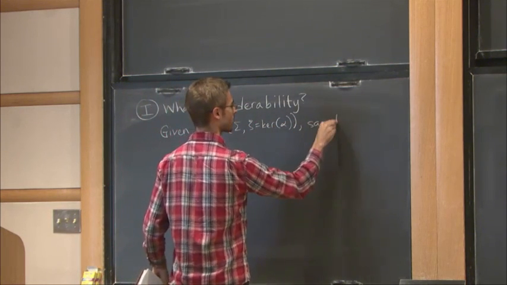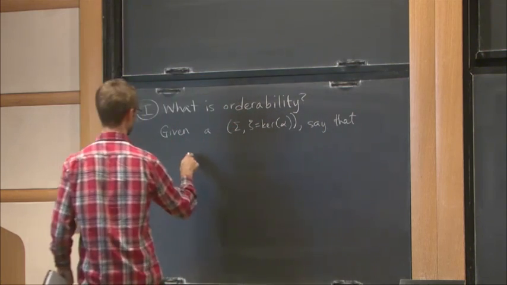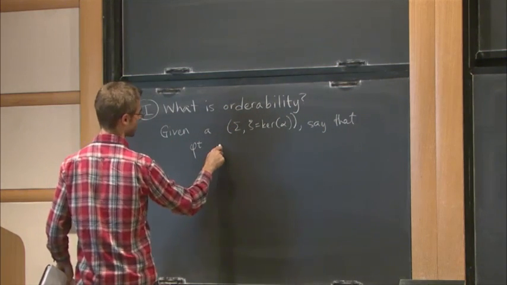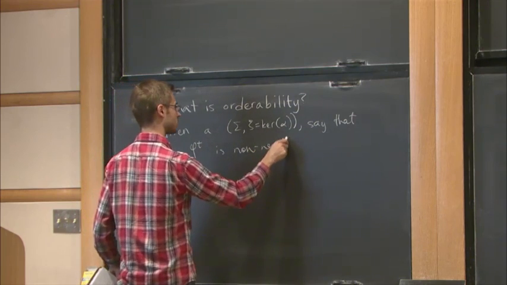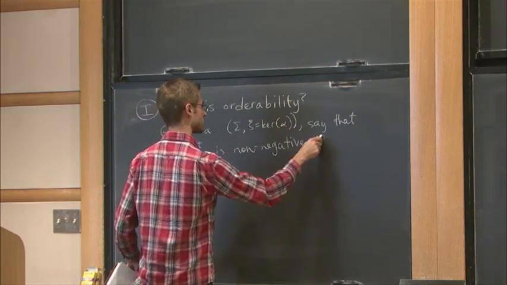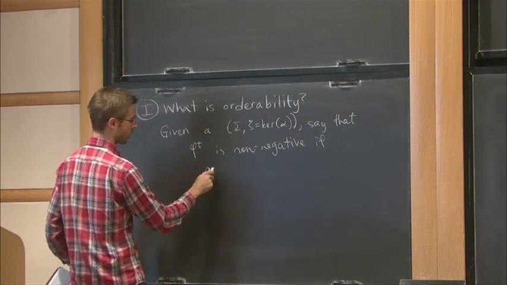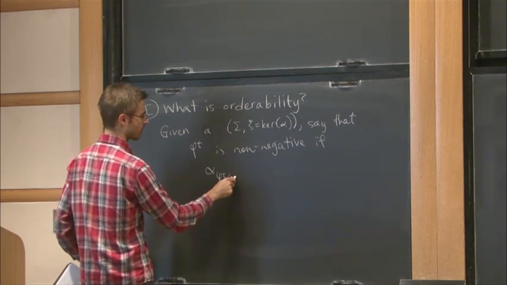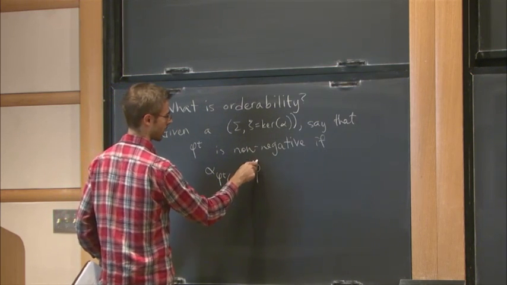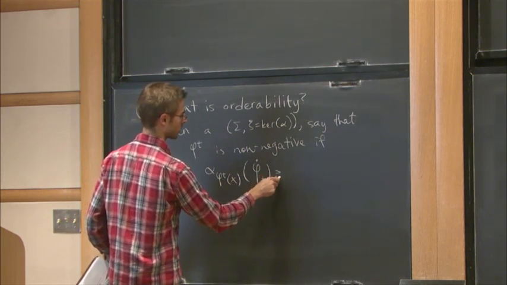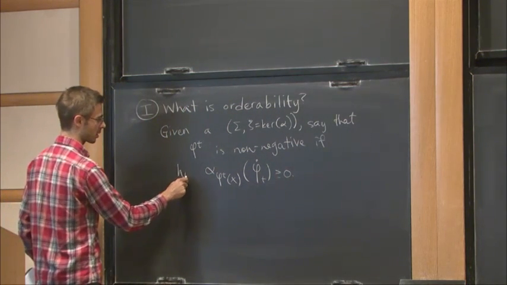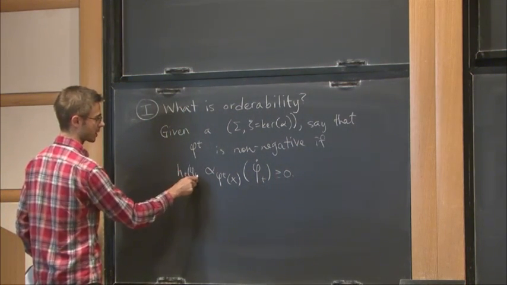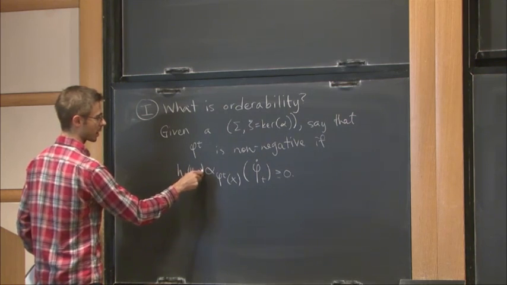And I'll say that a contact isotopy phi t is non-negative if, when I pair it with the contact form, the time derivative is non-negative. And I'm going to call this ht of phi t x because I'm going to use that later.